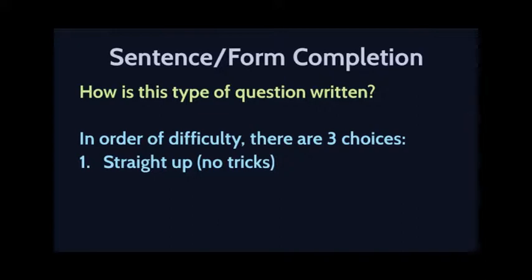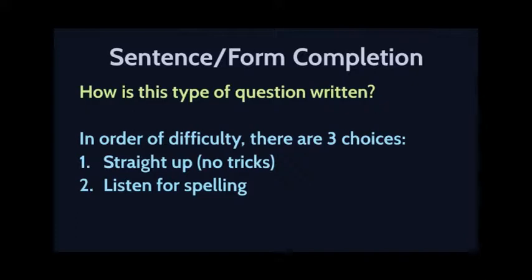Sentences are usually a little harder, but in a form, like in section 1, you get a lot of just straight up fill in the blank completion questions. If a writer puts too many tricks in section 1, it's too difficult. Section 1 should be fairly easy.